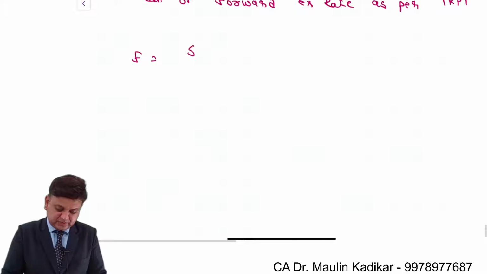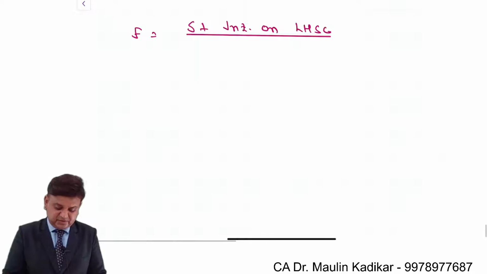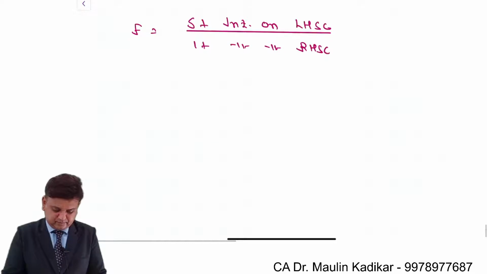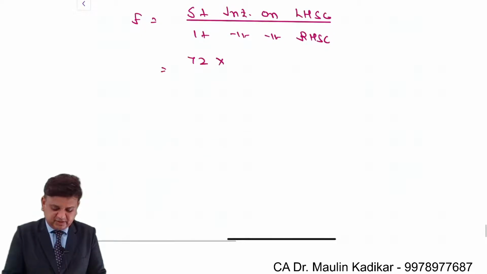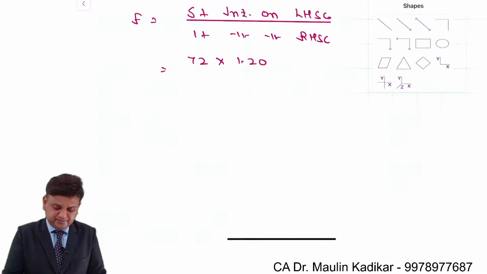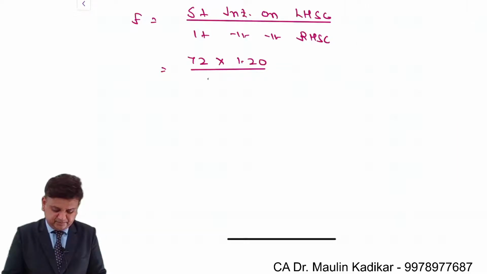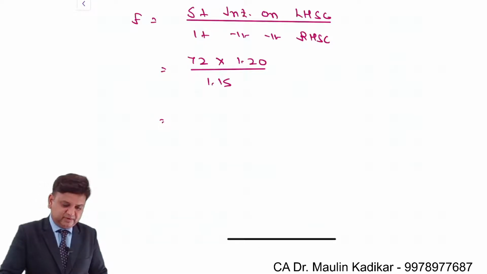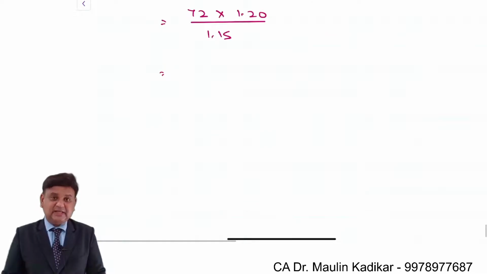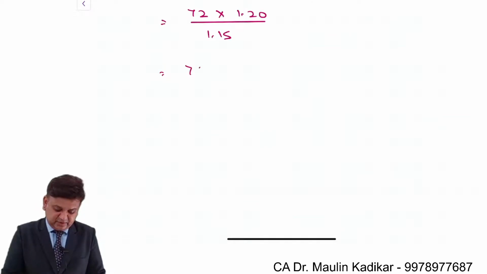Forward is equal to spot into 1 plus interest on left hand side currency divided by 1 plus interest on right hand side currency. So 72 into 1.20 divided by 1.15. That comes to again the same answer, 75.1304 rupees per dollar.